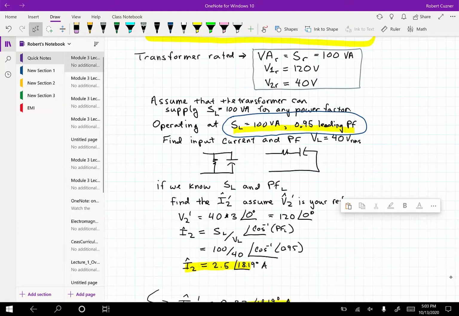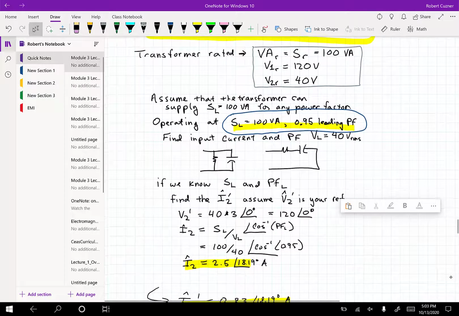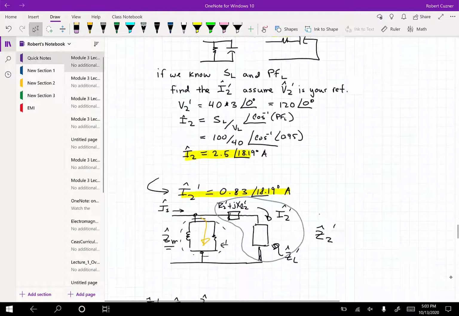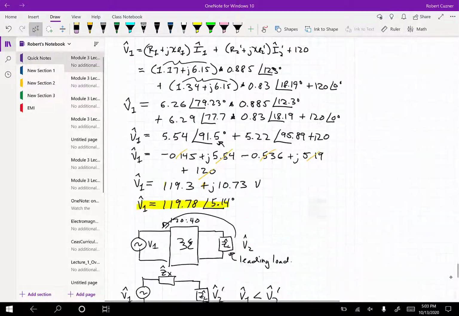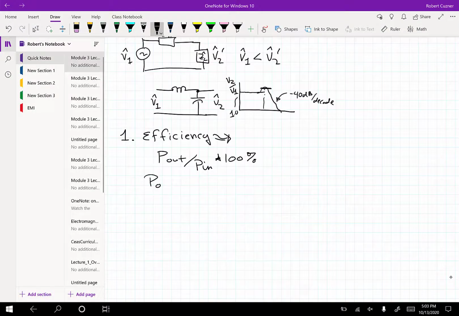It's got an apparent power of 100 VA and 0.95 leading. We know that we can find the output power quite easily. So P out is going to be equal to the load apparent power times the power factor at the load. So that's 100 times 0.95. I don't care if it's leading or lagging, that's what it is.